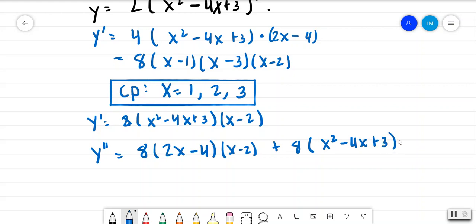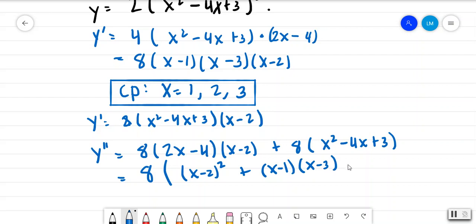Now, because we're not really looking for the critical or the inflection points, we can just plug in what we need to. So this is 8 multiplied by (x minus 2) squared plus (x minus 1) times (x minus 3), and then we can close this.